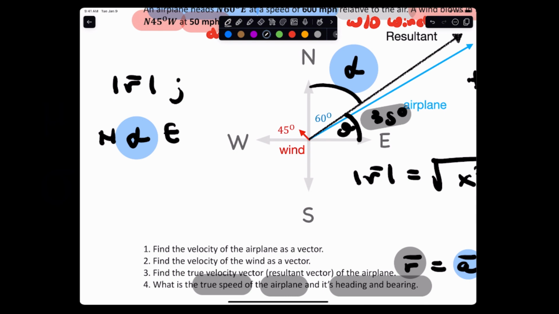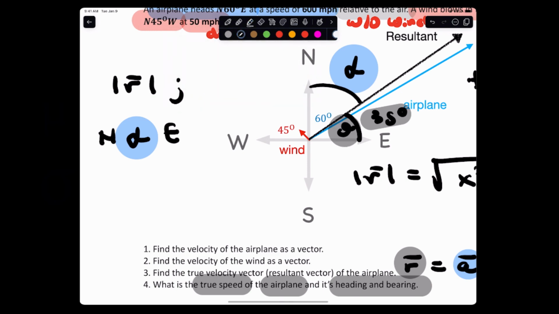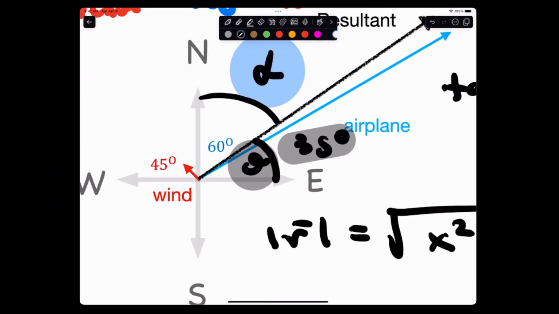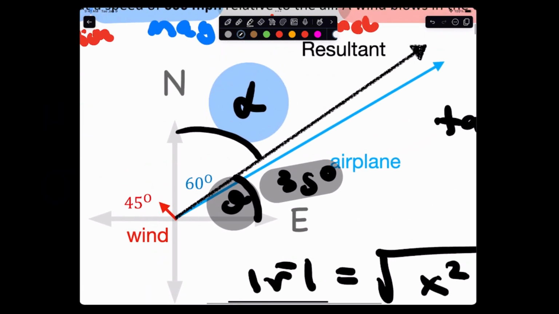What's the relationship between that alpha and the standard angle? What are they? This is you're putting things together.